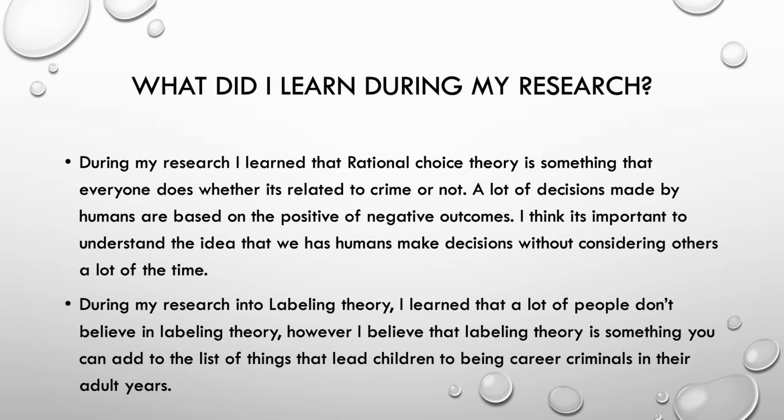When I did my research on rational choice theory, I came to terms that this is also used in many different parts of my life. I don't obviously commit crimes. However, I do make decisions based on if I'm going to get a positive gain or a negative gain out of it. And most of the time, if it's negative, I don't do it, but if it's positive, I will.